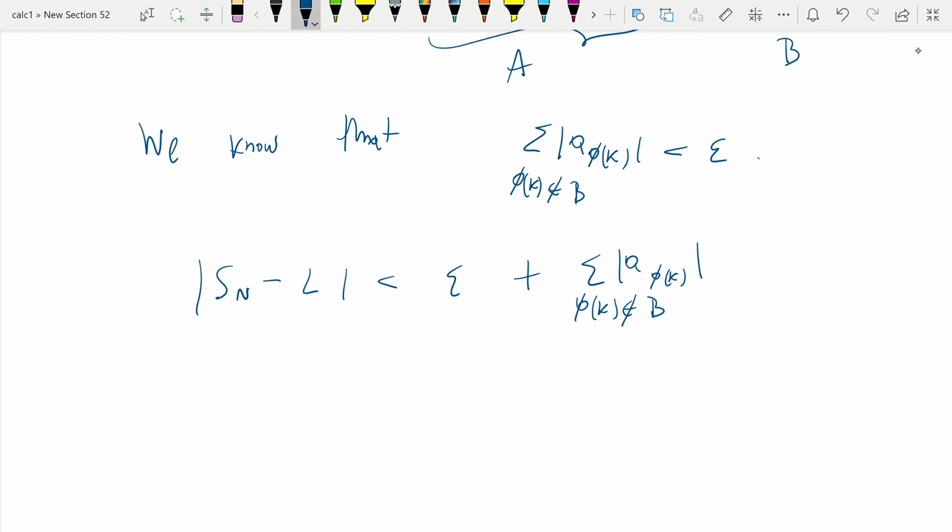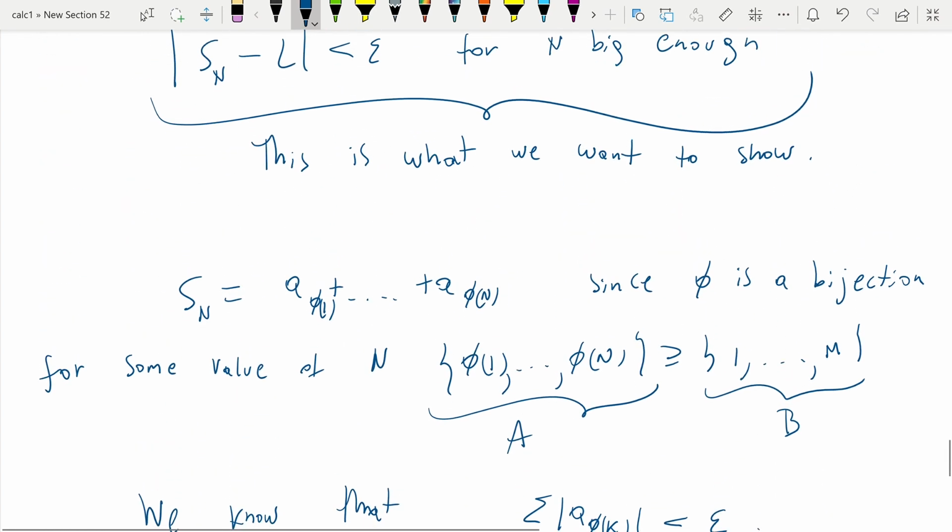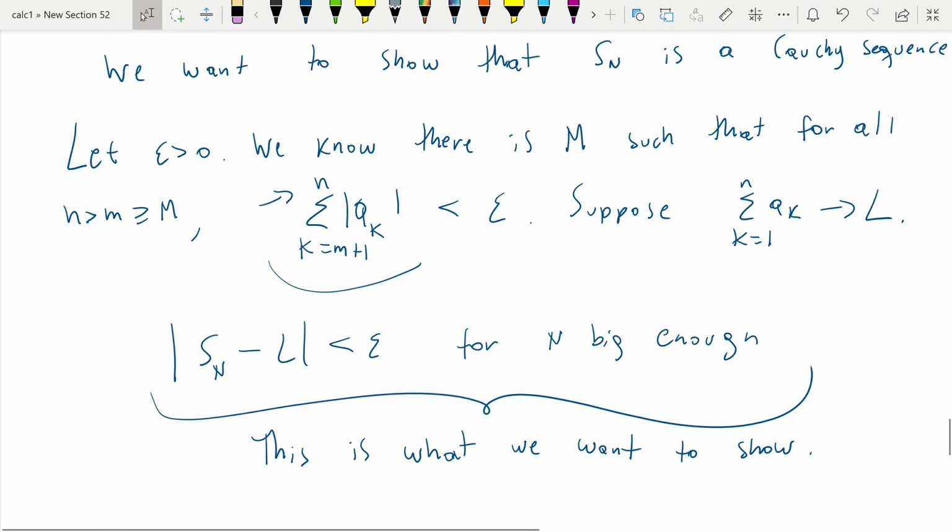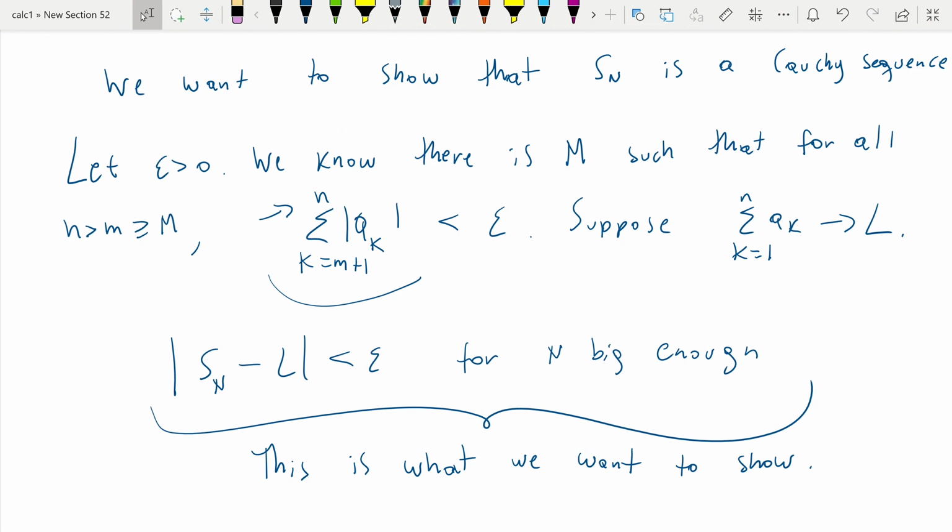And this is also smaller than epsilon, so this is smaller than 2 epsilon, provided n is big enough. So what do we want here? We want to choose m at the beginning, so that we know that the tail of these terms is really small.